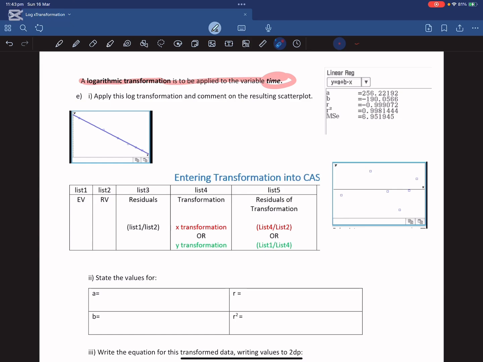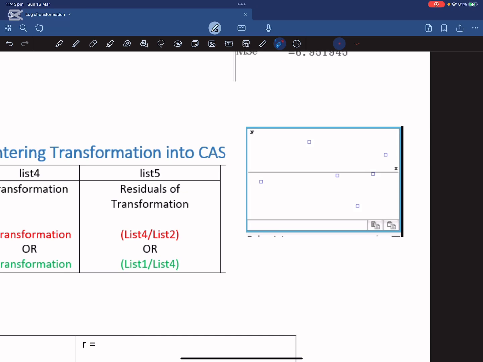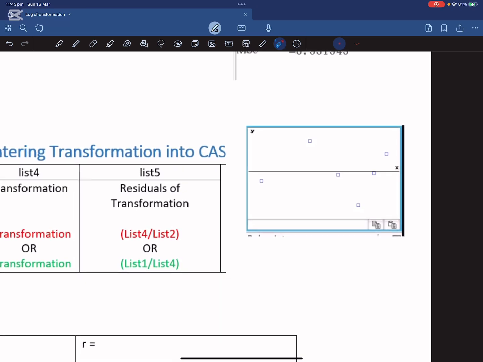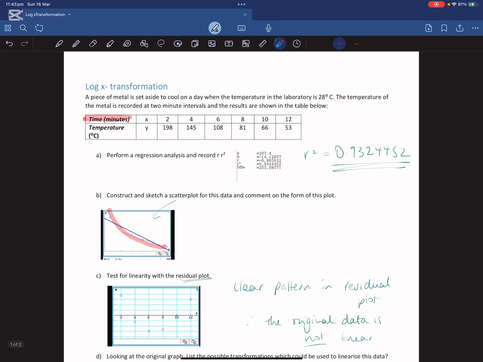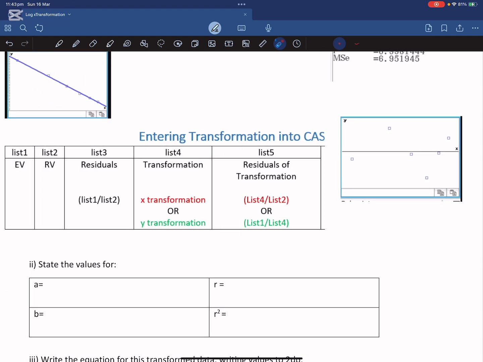That's the first thing you need to do. And then you need to make sure that your residual plot has improved in terms of getting more of a lack of a clear pattern, right? You could start with something that has a real harsh pattern, and then it might still sort of resemble some sort of a pattern, but it might have improved. So with a SAC, with raw data, with large sets of numbers from real life, you may not get something that has gone from an absolute pattern like that.